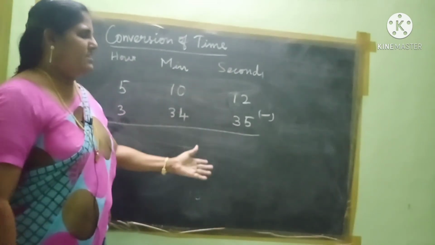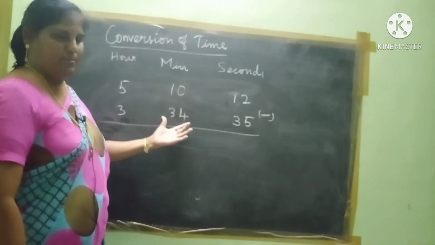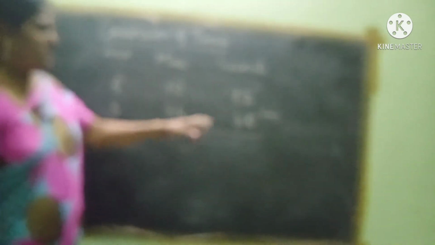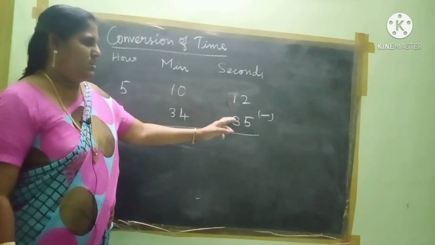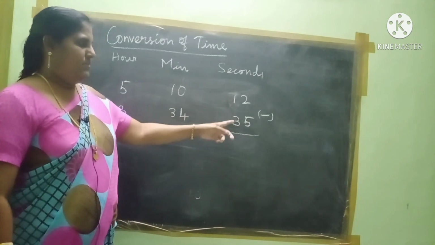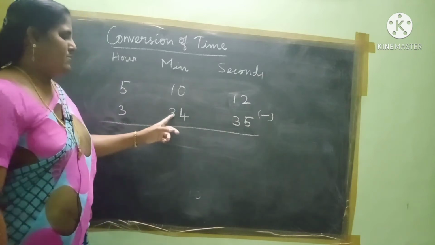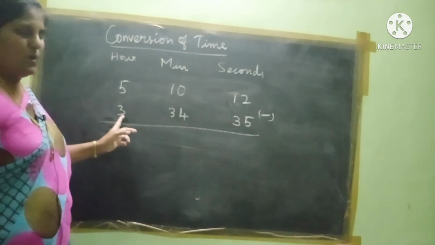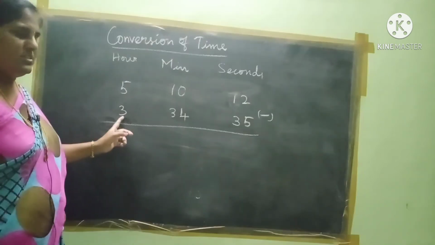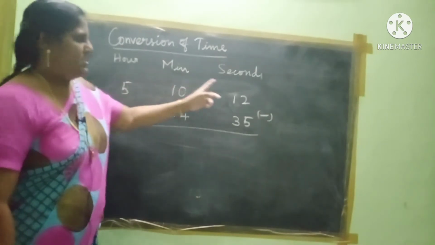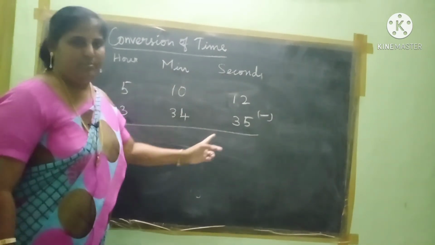We want to subtract the second number from the first number. See, when you compare these two, 35 seconds are more when compared to 12. And 34 minutes are more when compared to 10. But in hours, 3 hours is smaller than 5. So the first is the bigger number, the second is the smaller number.